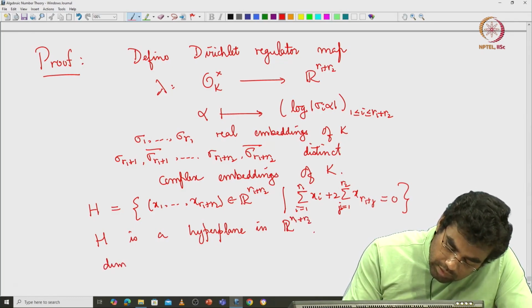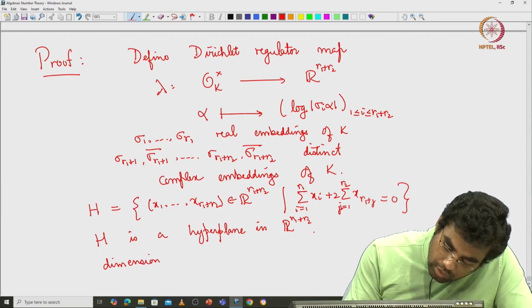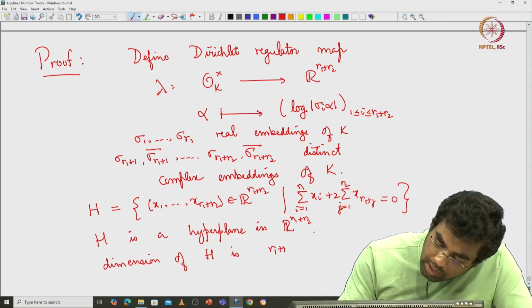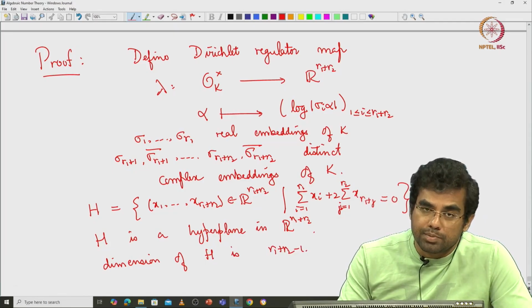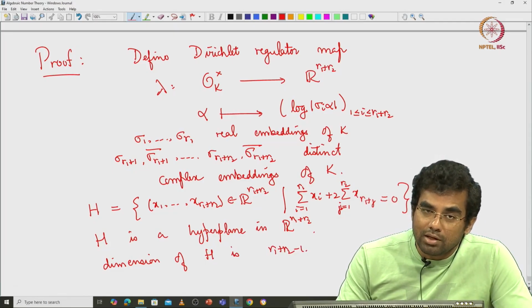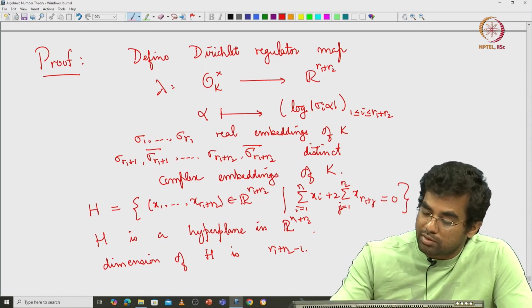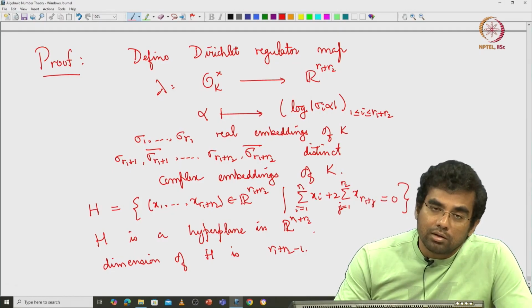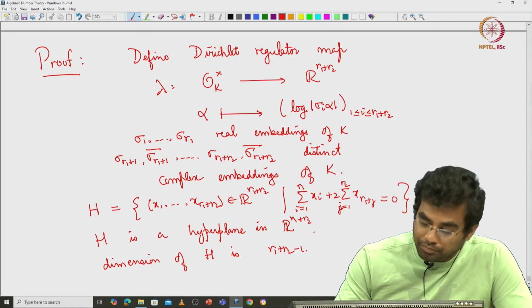You see, the dimension of H is R1 plus R2 minus 1. So, H is in fact a vector space. Not every hyperplane of course is a vector space, but H is a vector space because it is given by this particular equation, and its dimension as a real vector space is also R1 plus R2 minus 1.